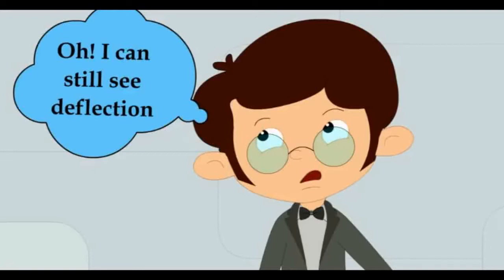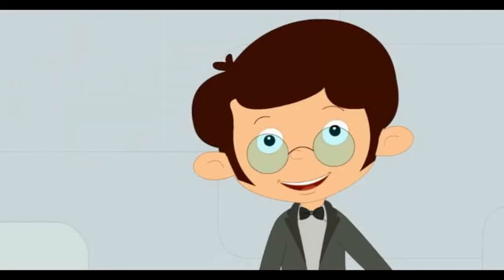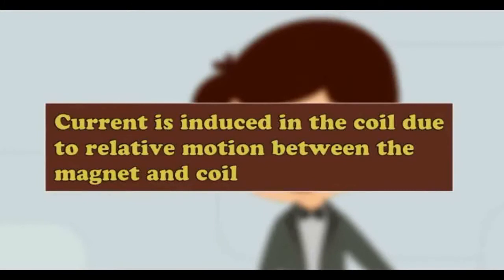So in both cases there is a deflection, which means the motion can be relative. That means either the coil can move and the bar magnet can be stationary, or the bar magnet can move and the coil can be stationary.